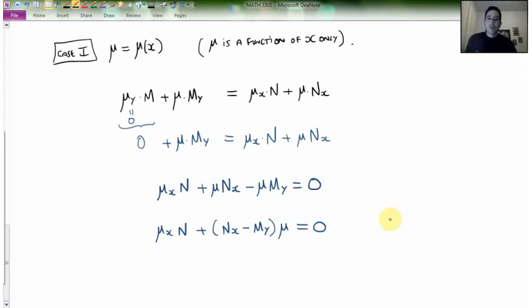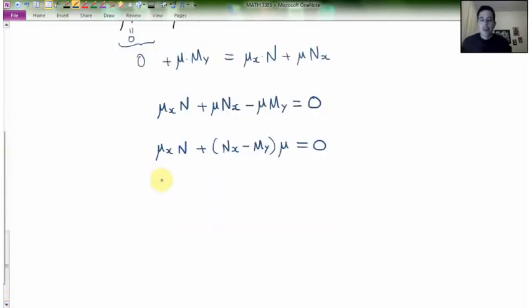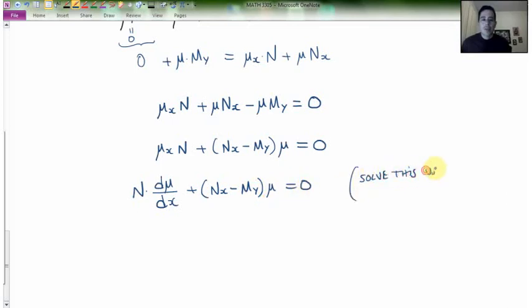Okay. Well, that becomes a linear equation. So this pretty much, if you recall, this is like d mu dx, right? And let's put n over here. So we solve this using the linear equation method.